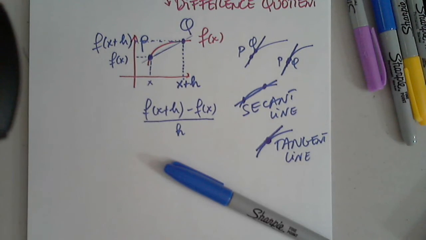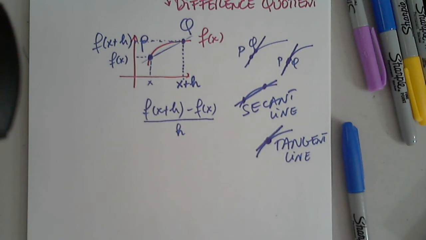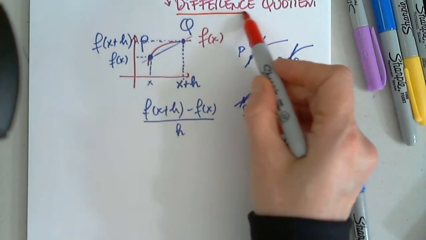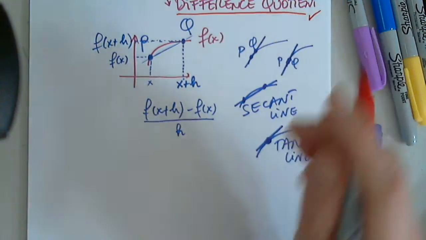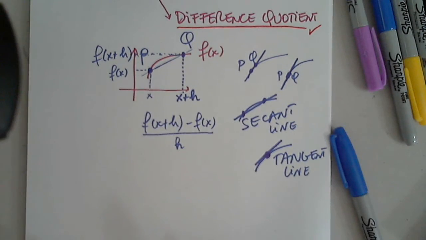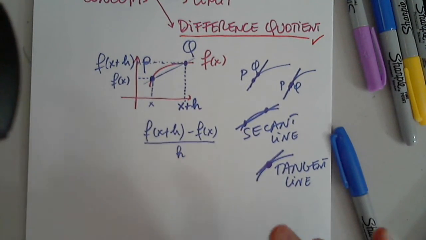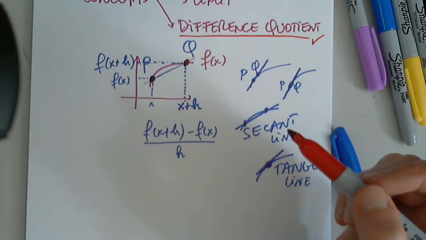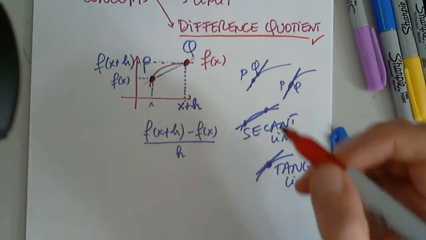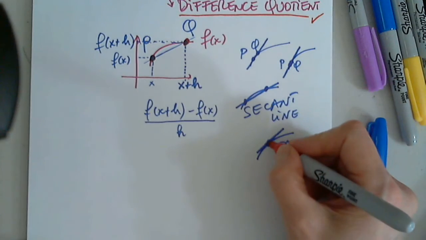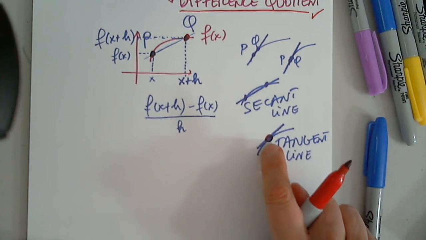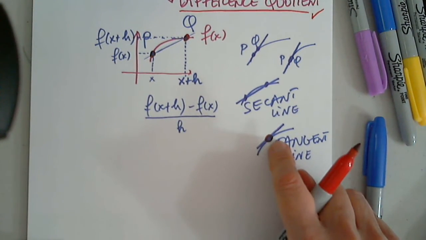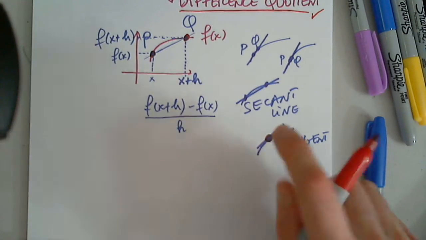Yes. Okay. So then I have discussed the difference quotient. What does the difference quotient give us? It gives us the rate of change between 2 points. Okay, but what I'm really interested in is the rate of change at one point, instantaneous.